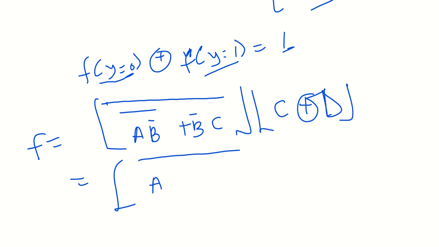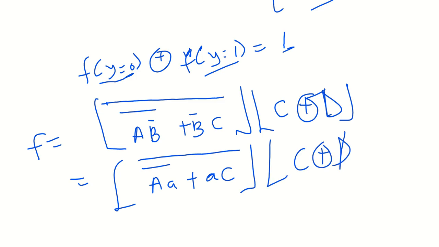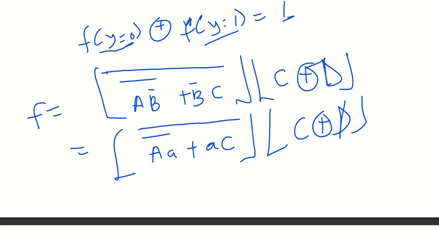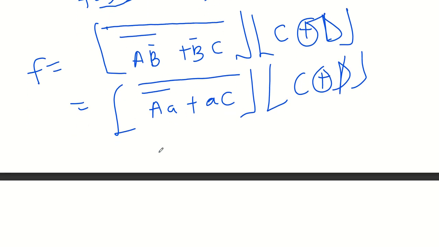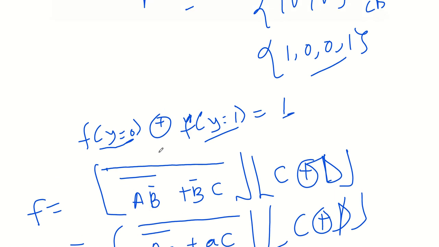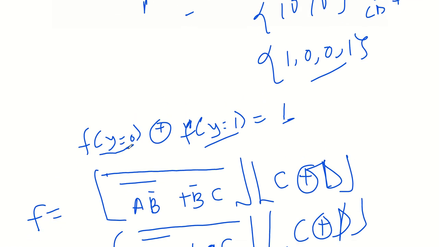Then you have capital A, small letter a, all bar plus small letter a multiplying C, then C XOR D.